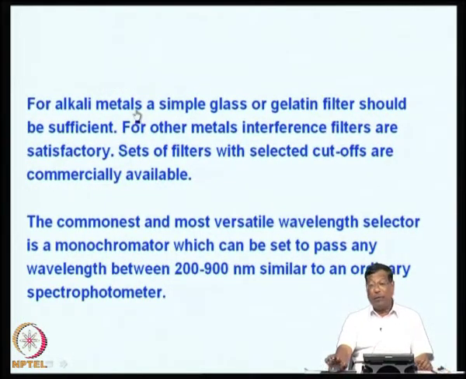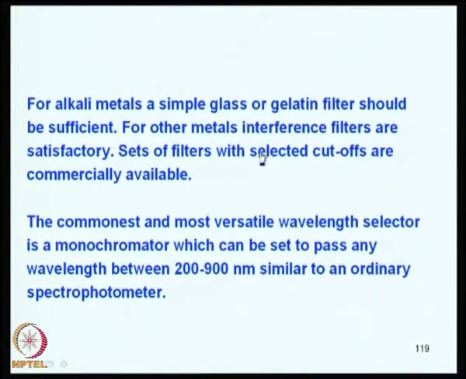What happens with alkali metals? A simple glass or gelatin filter itself is more than sufficient, because most of the emission lines are in the visible range. For other metals, you can use interference filters fairly satisfactorily, but sets of filters with selected cutoffs are commercially available.